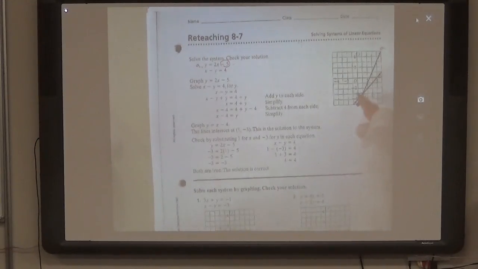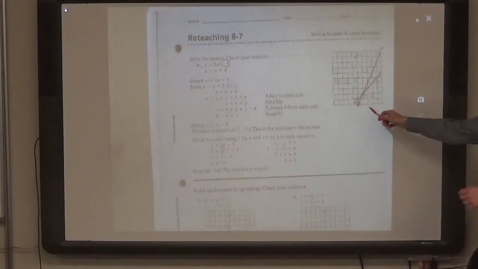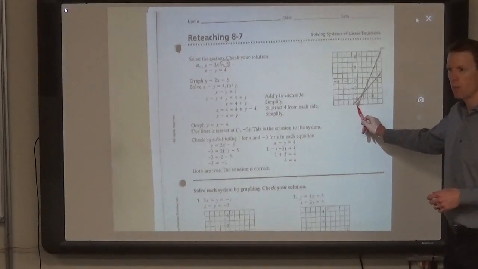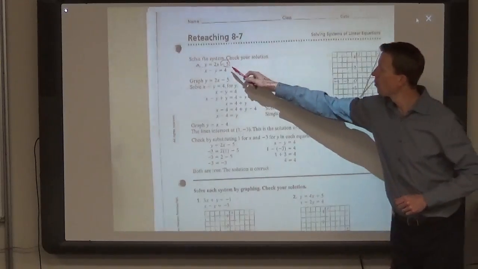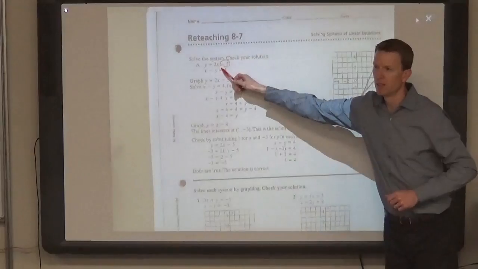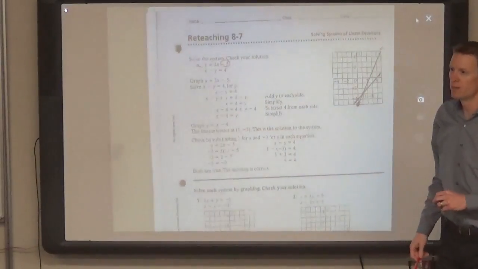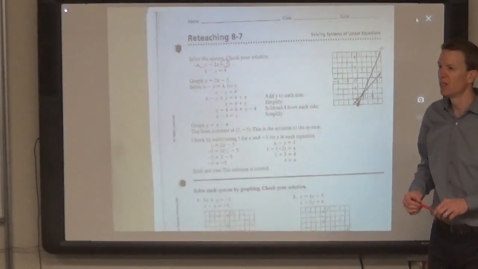So, what is the slope of A? Asa? -5. No, that's the y-intercept. That's the point where it crosses the y-axis. That's the point you have to mark first. And then from there, how do you find the next point? You have to go back to the equation and look at this number. 2. What does that tell you to do?